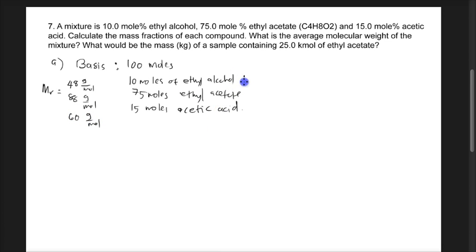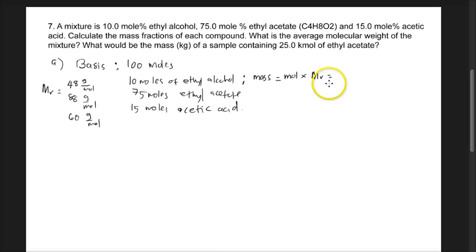So to get the mass, we need to multiply the moles with the molecular weight of each compound.